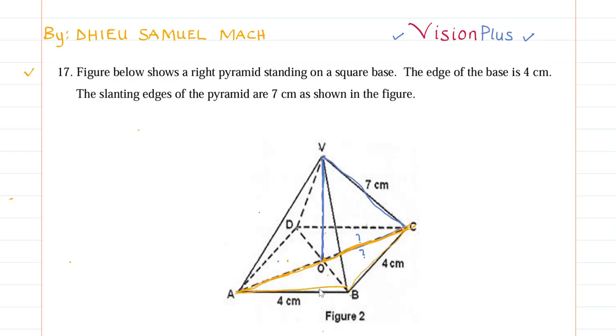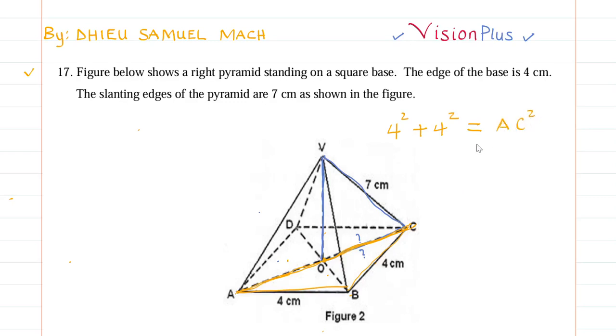Now, remember, by Pythagoras theorem, these are the two shorter sides, AB and BC, and if we square and sum them, they give us AC squared. So without wasting our time, 4 squared plus this other 4 squared must give us AC squared, which is the longest length we are looking for.